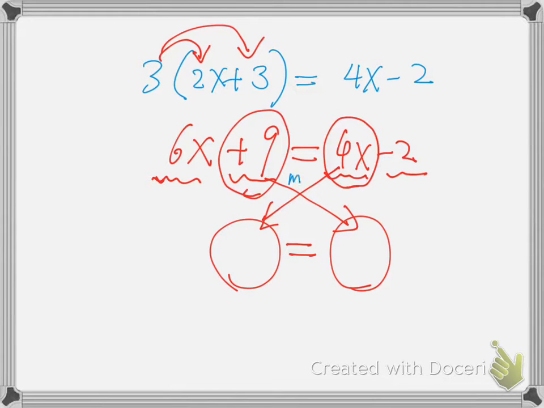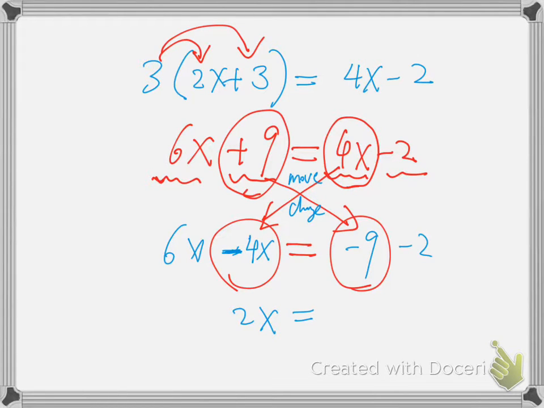We move these two terms and change their sign. Positive 9, you get negative 9. Positive 4x, you get negative 4x. So 6x and negative 2, you just bring down. So 6x minus 4x, you get 2x. So 6 apples and then negative 4 apples means you eat 4 apples. 6 apples, you eat 4, you get 2.